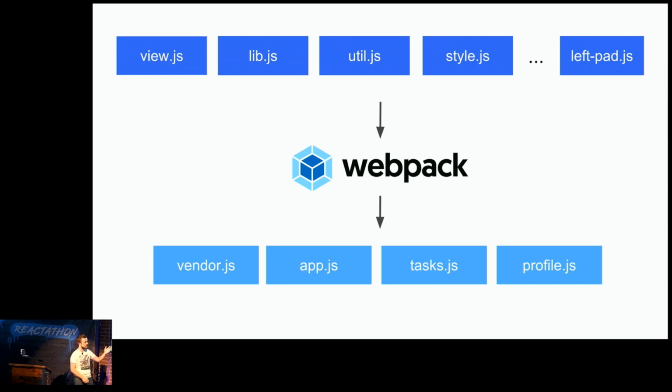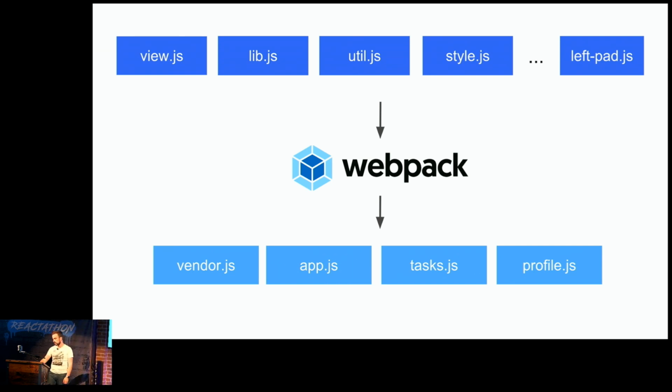But then say you have a profile page. When a user's going to the home page or the root, you don't want them to download all the dependencies of the profile page. So by telling Webpack to split by route, you essentially have a number of different entry points into your application, and each one of those bundles has all of the transitive dependencies that just that page needs.